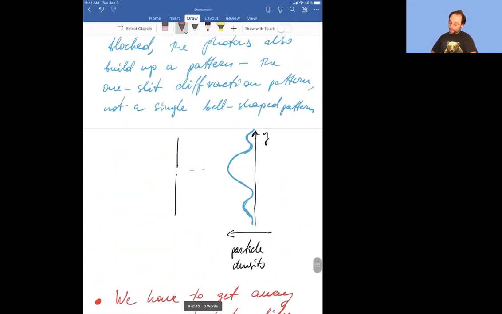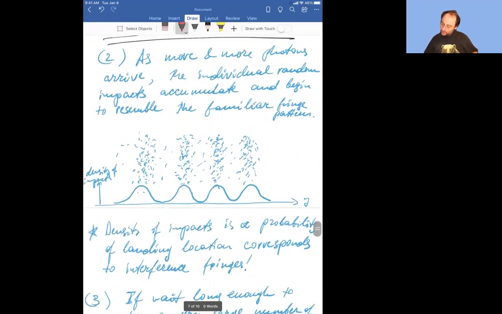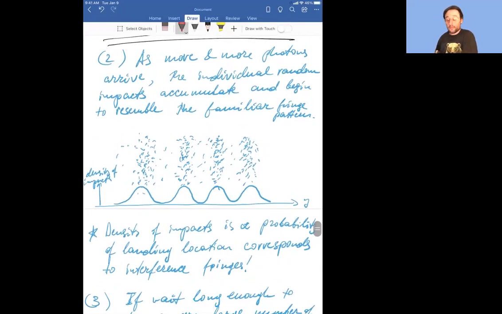Now I discussed that the probability is proportional to the particle density, the accumulation density, and that particle density is the familiar interference pattern. It's proportional to the magnitude of the electric field squared for photons. So perhaps the classical notion of a wave is useful.